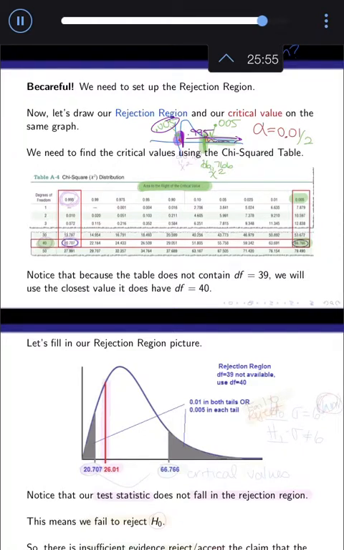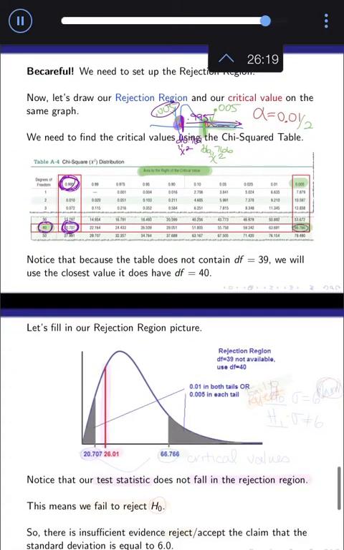So I'd actually look up 0.995 on my table. Again, I'd love to use the degrees of freedom of 39, but that isn't available on the table, so I'll use the closest, which is 40. If I look for those overlapping numbers, I get a chi-squared value of 20.707 as my chi-squared that's going to build my lower end for my rejection region. So I have my rejection region built.